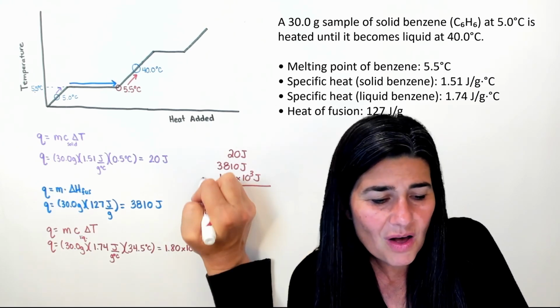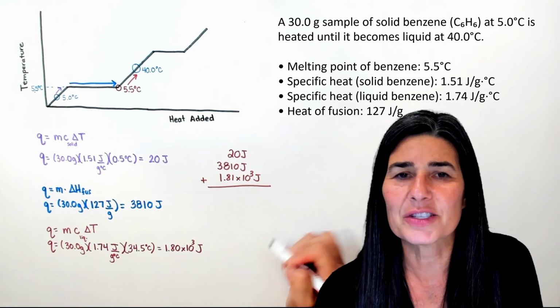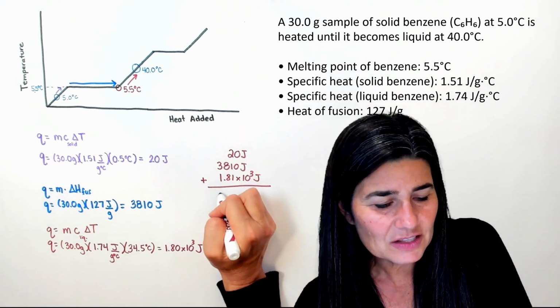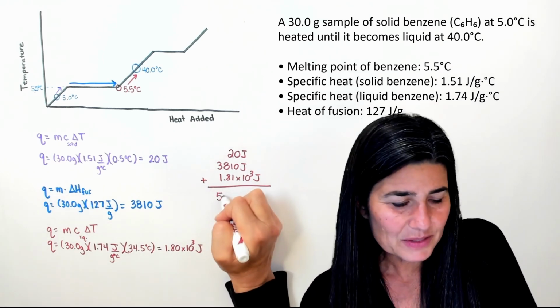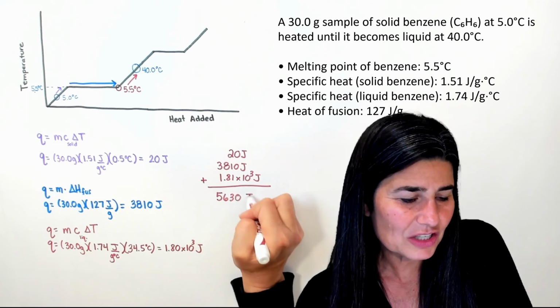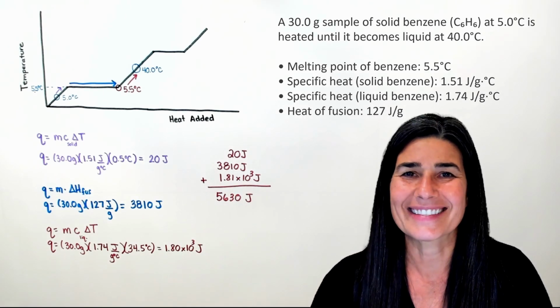If we add all those up and keep track of our significant digits, we get an answer of 5,630 joules for that entire process.